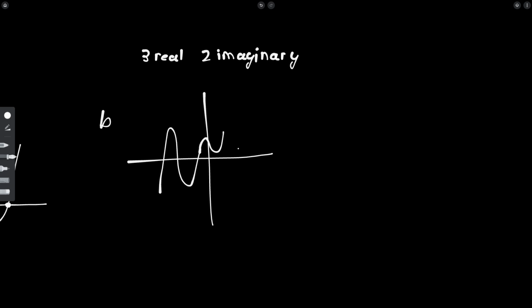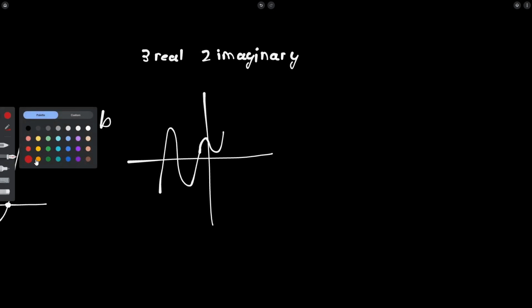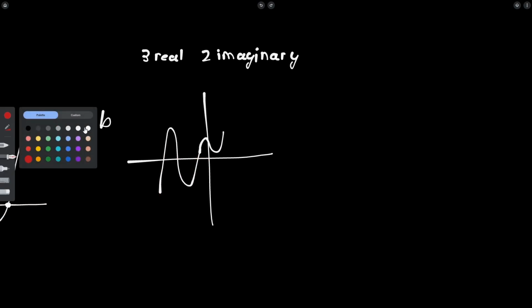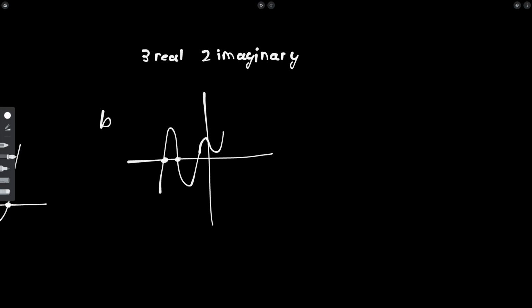Why does this work? If we were to move this entire function down just a little bit, we would get something like this. 1, 2, 3, 4, 5. But if you remove the vertical shift, we are left with 3 solutions, 1, 2, 3, and 2 potential solutions that, as of right now, are imaginary, but become real with a vertical shift.